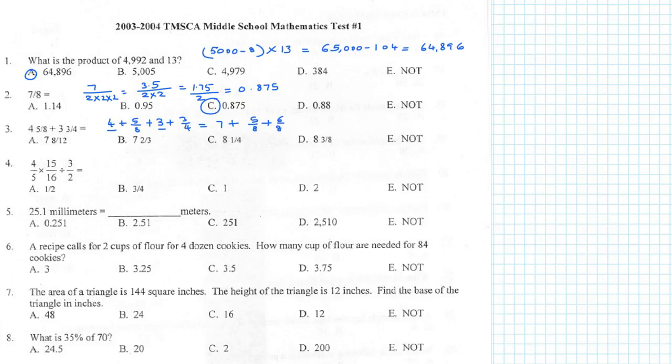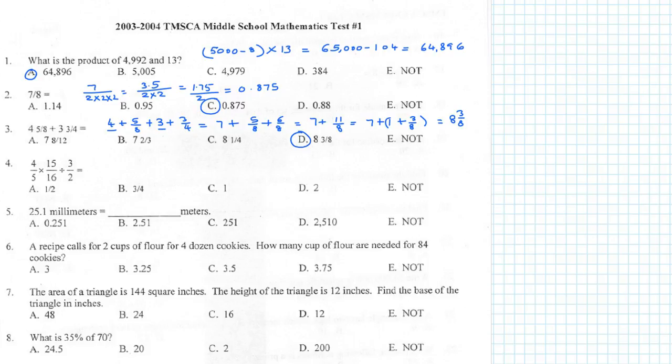So I'm making the denominators the same. So this is nothing but 7 plus 11 over 8, which can be written as 7 plus 1 plus 3 over 8, because 1 plus 3 over 8 is the same as 11 over 8. So this is equal to 8 3 over 8. So D is the correct answer.